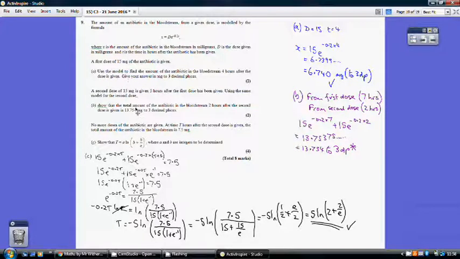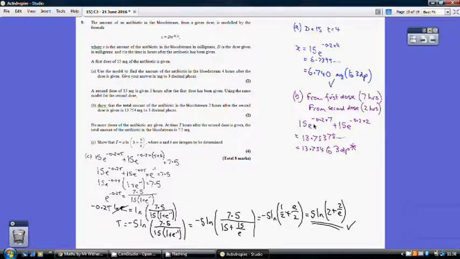Now for part B, show that the total amount of the antibiotic in the bloodstream 2 hours after the second dose is this. So basically 2 hours after the second dose is 5 plus 2, so 7 hours after the first dose. Looking at it from the first dose point of view, we're going to be substituting in t being 7.